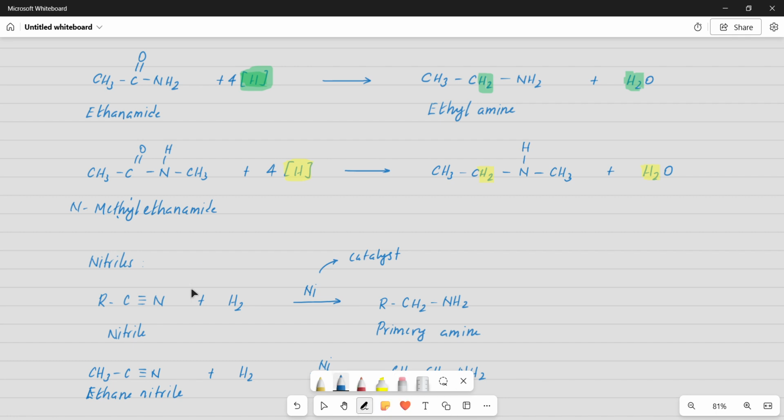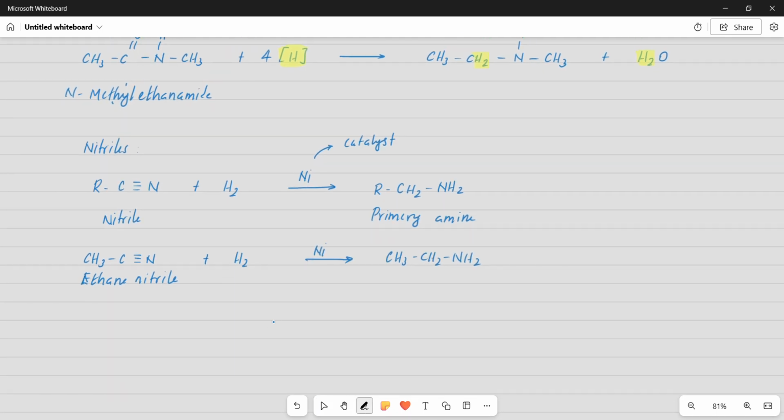It's an addition reaction basically, and it is a reduction reaction also. So you will not get any other product. You can use, in place of nickel, lithium aluminum hydride or LiAlH4 also as the reducing agent.